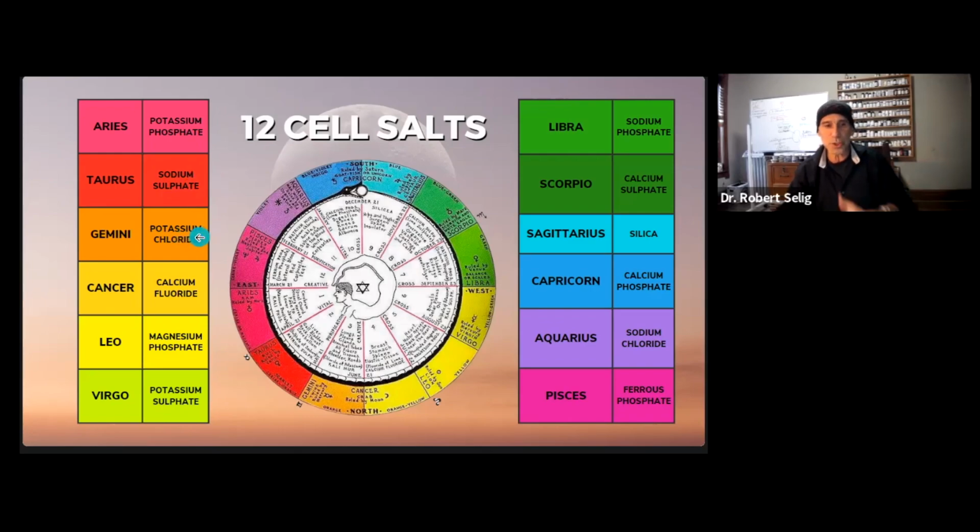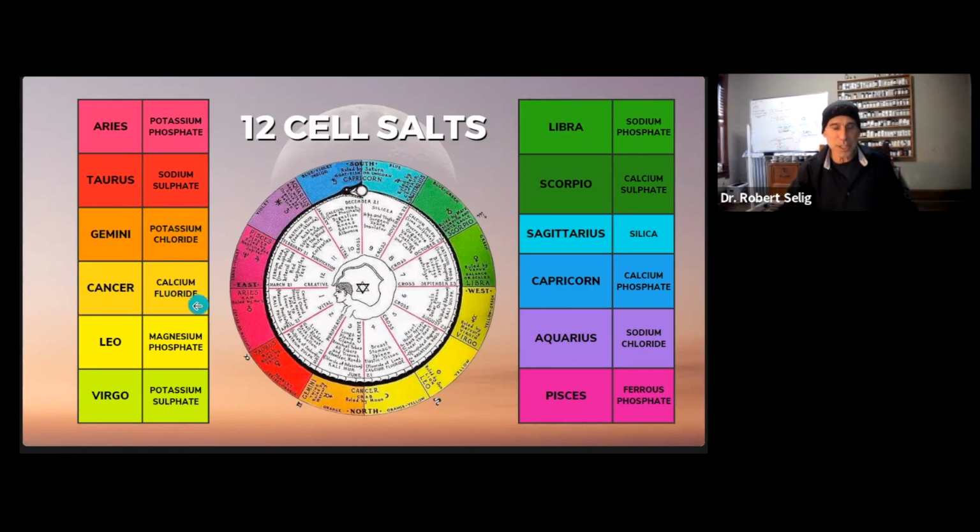Gemini, the twins, the two lungs, the two arms, the bronchial tree. So this is a great remedy when we're dealing with a lot of children, when they go into that Mercury cycle, because Gemini is ruled by Mercury. That's when we start to get a lot of throat infections, sinus infections, ear infections, blocked eustachian tubes: potassium chloride.